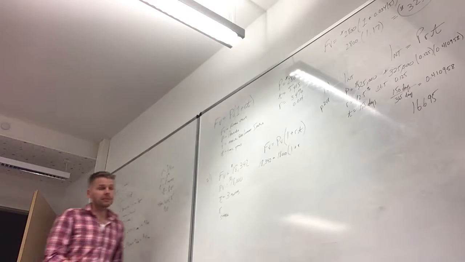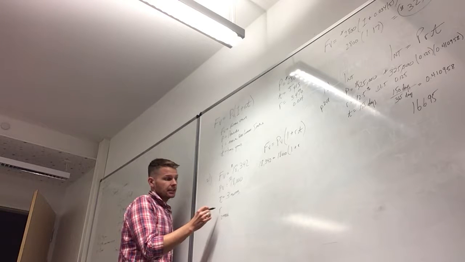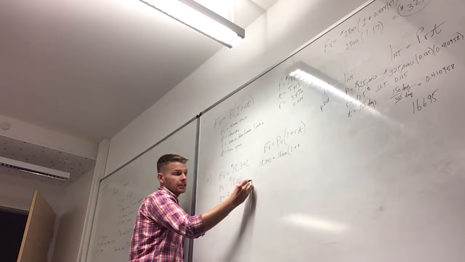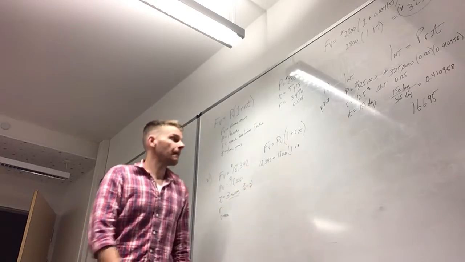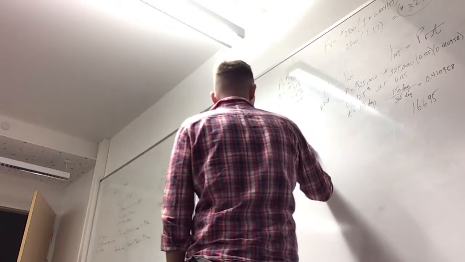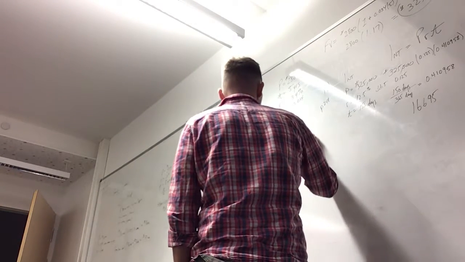Okay, so we go back over here, Kev. If I'm going too fast, let me know, I'll slow down. 3 months here becomes 3/12, which is 1/4. So I'll change this to 1 plus 0.25 T.